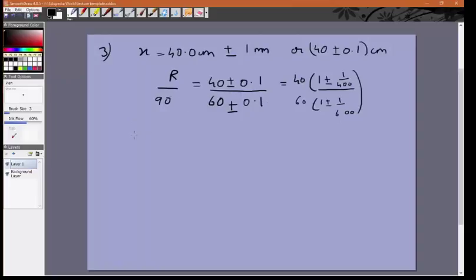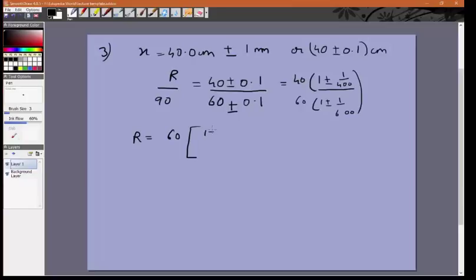So R is equal to 90 into this. From that we can directly see R is equal to 40 by 60, which is 2 by 3. 2 by 3 into 90 is just 60. So R is equal to 60, but there's this whole thing here, and 60 is in two of the options. So we know that it's either A or C, but now we need to find the error as well.